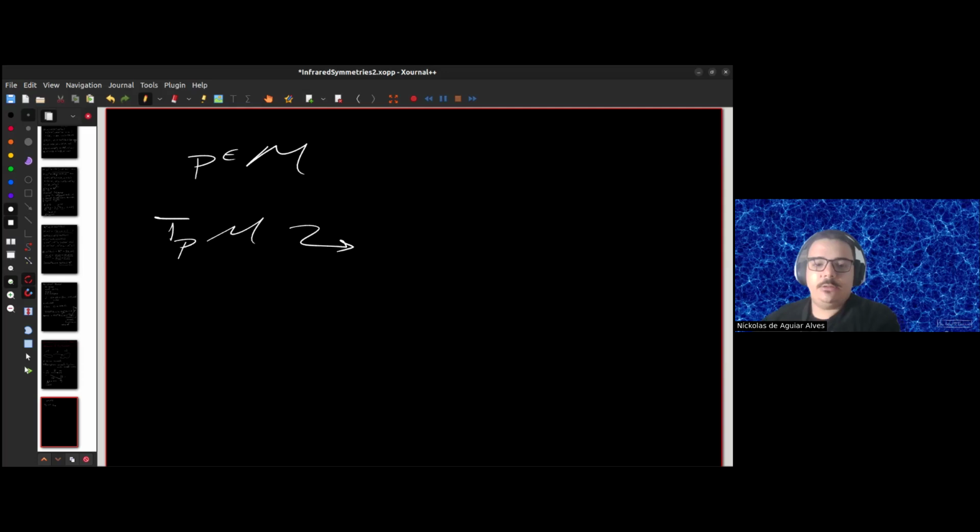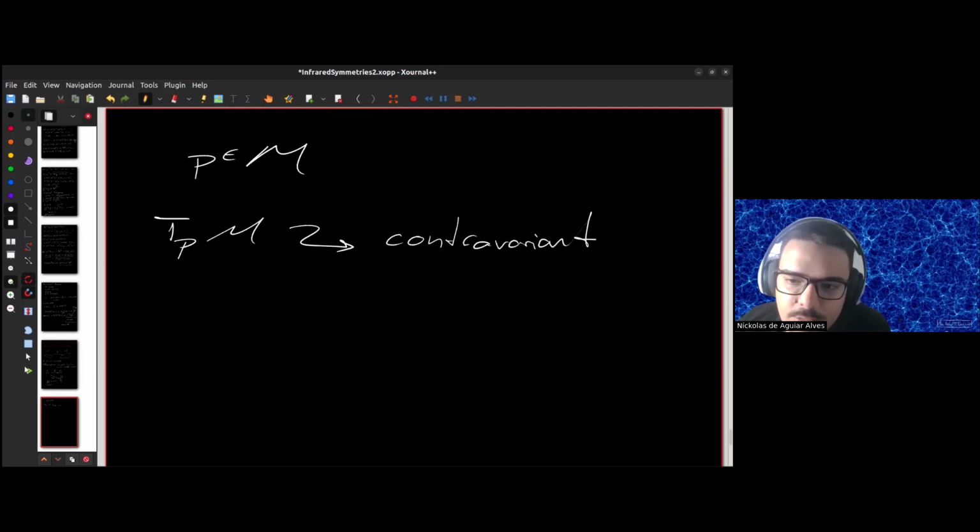I really like it, so I'm going to stick to it. But this T stands for tangent, and this is the space of contravariant vectors at P.